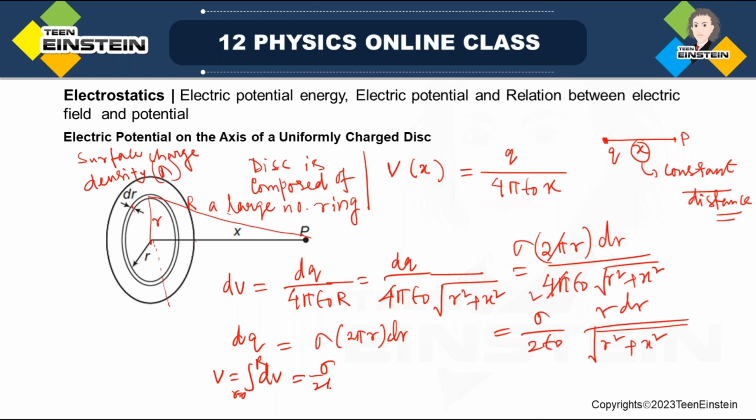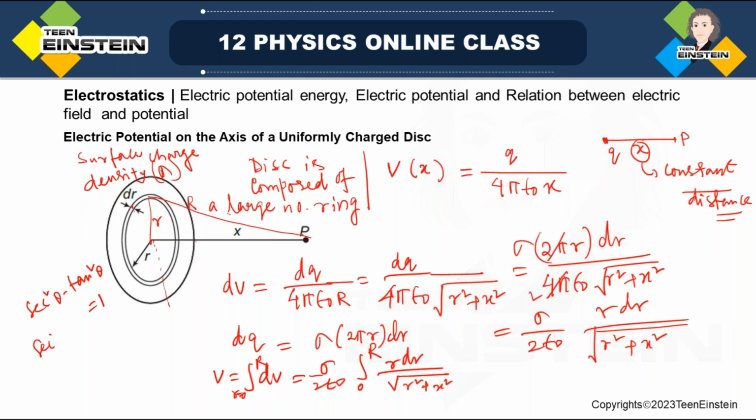So sigma by 2 epsilon 0, this is the constant part, integral from 0 to R of r dr divided by square root of r square plus x square. So for r square plus x square, you have to take some trigonometric function: sec square theta minus tan square theta is equal to 1.